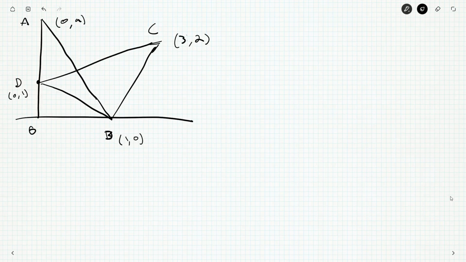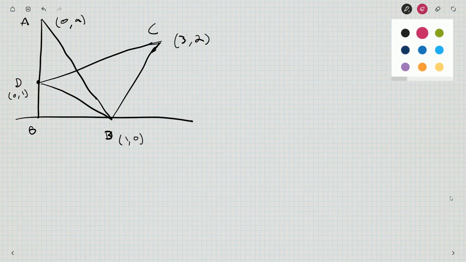Okay, so first things first, I want to get area BCD. How can I do that? Well, I'm trying to find the best way to do it, because I don't think there's a really easy way.